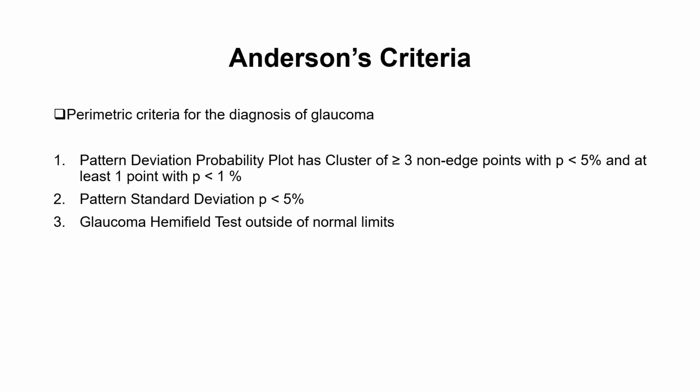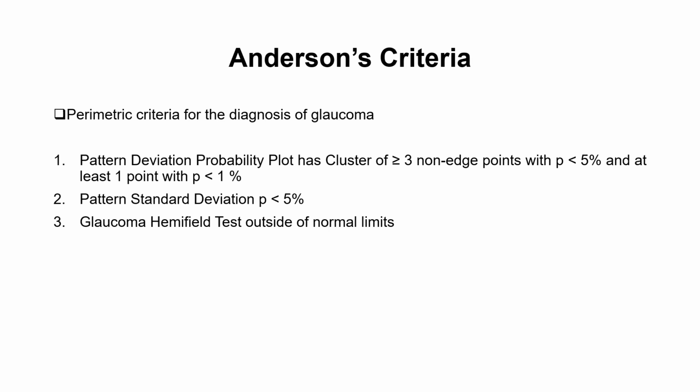We have just a final touch to conclude the interpretation of visual field: the Anderson criteria. This is a very important perimetric criteria for the diagnosis of glaucoma. This Anderson criteria has 3 points in order to say that this patient has glaucoma depending on perimetry only.